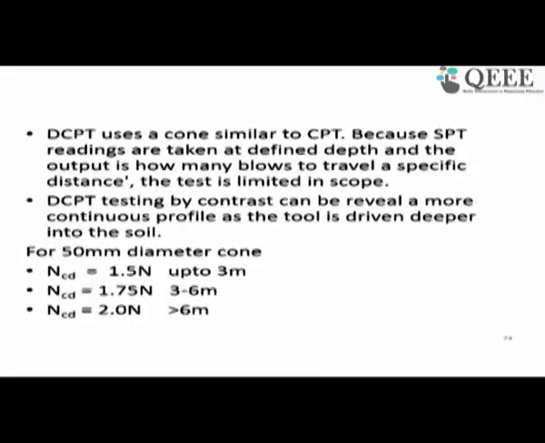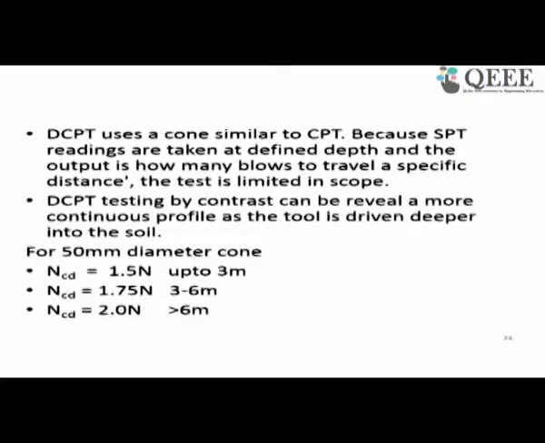Now in this DCPT you also have a cone, similar to CPT, because SPT readings are taken at defined depths. The output is how many blows to travel a specific distance. The test is limited in scope. As I already discussed, SPT has a limited scope because it is done at different depths, with the number of blows required for a particular depth of penetration of the sampler.